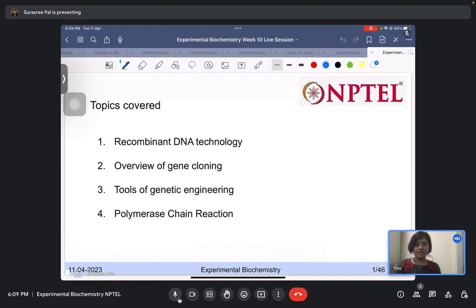Now, what is recombinant DNA technology? Recombinant DNA technology is manipulation of an organism's genome, and it can involve various changes. These changes are done on the DNA.